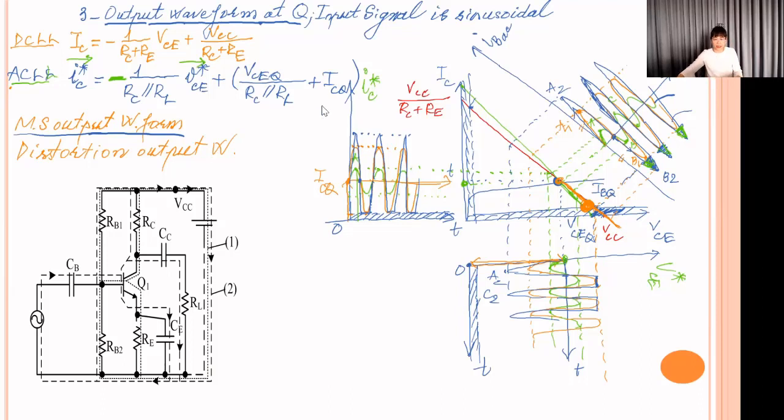And its meaning, in general: we have this circuit on the left. You can see this circuit, right?